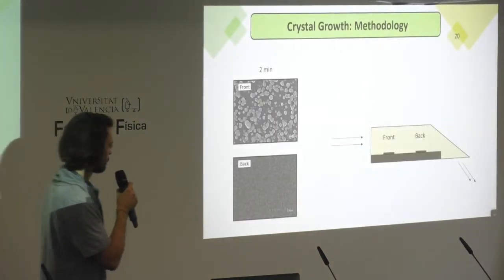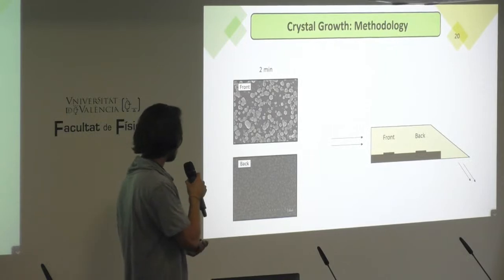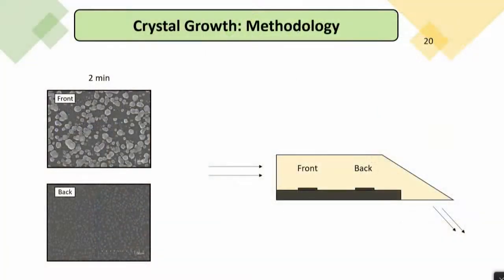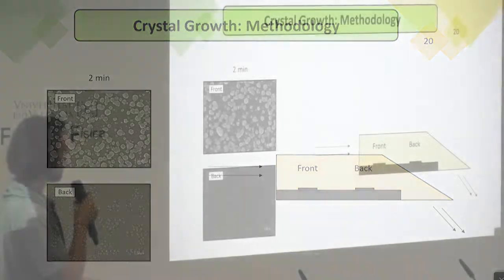Another thing that I found interesting is that the position in which you do the growth affects the result a lot, because the temperature here and here might differ, and the amount of material that gets here. This is something like the reactor, so front is the part closer to the entry of the material. So here we will have more material than here because the susceptor and the substrate will absorb it.